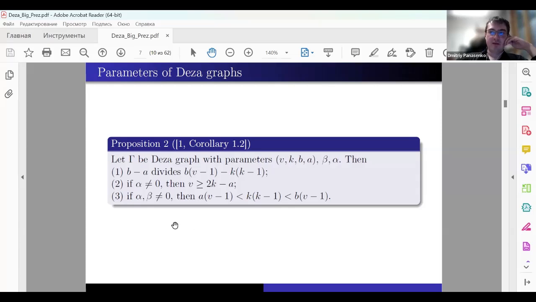And if both alpha and beta do not equal 0, then we have this inequality as well. But since these graphs are not as well structured as strongly regular graphs, we cannot have so many restrictions for the parameters. There are some other restrictions, but the main ones are basically just these 3.